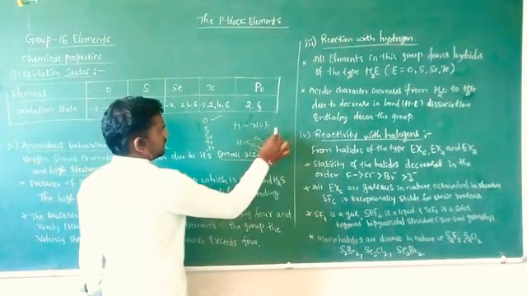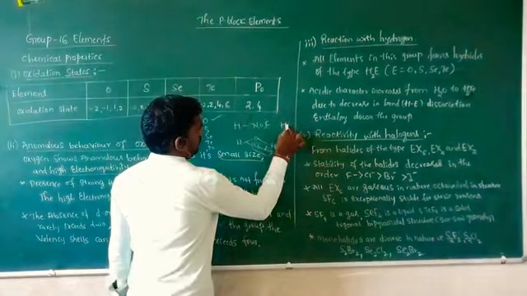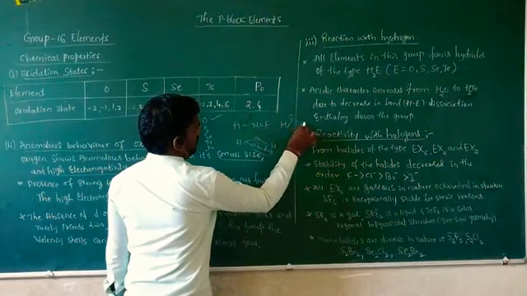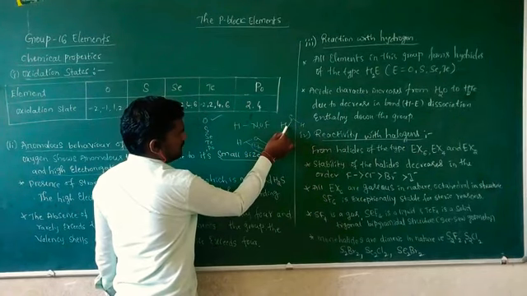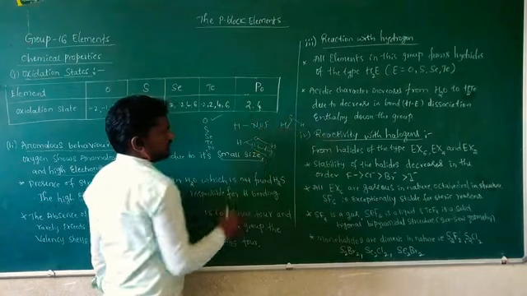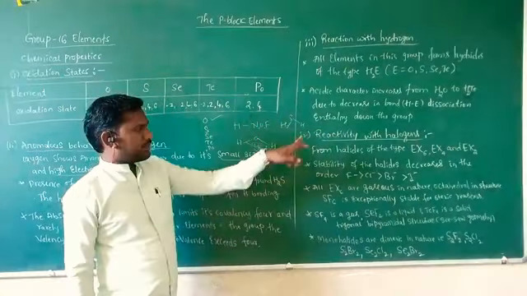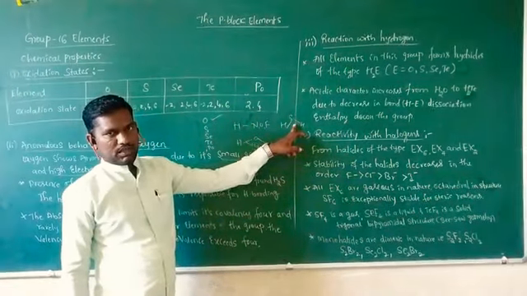In H2S, hydrogen is bonded with sulfur, but there is no hydrogen bond.